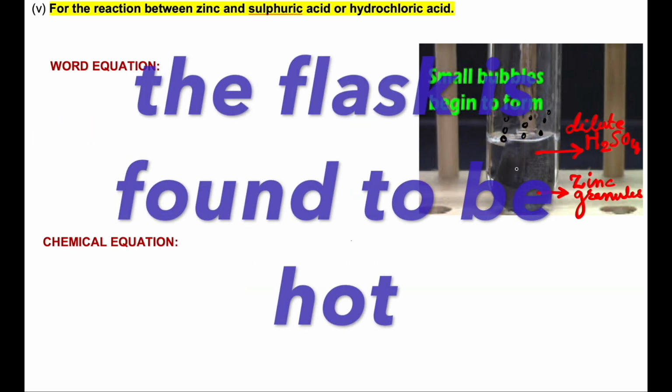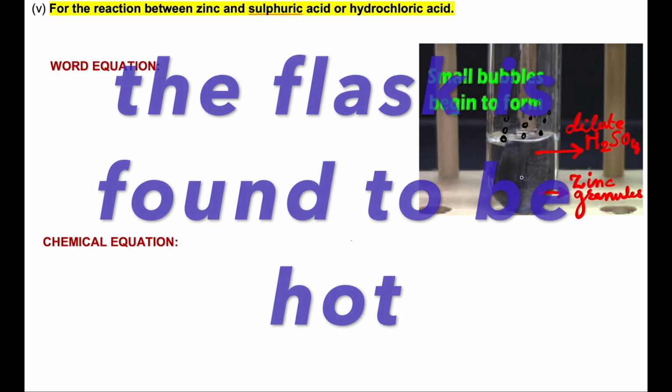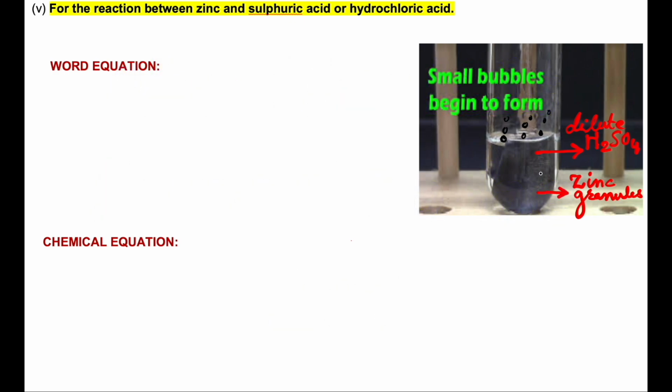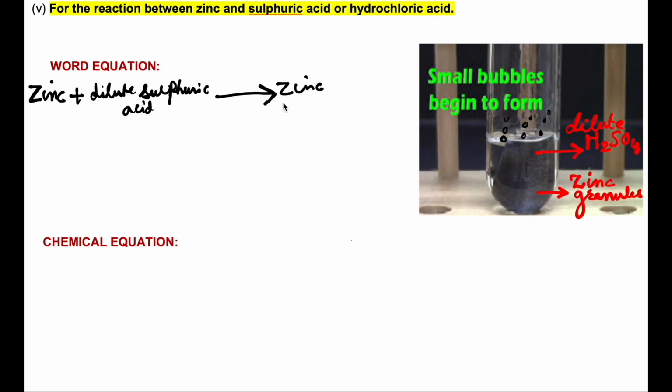Further, the flask is found to be hot when we touch it. This means that a rise in temperature occurs in this reaction. So, the word equation for this reaction is zinc plus dilute sulfuric acid reacts to form zinc sulfate plus hydrogen gas.